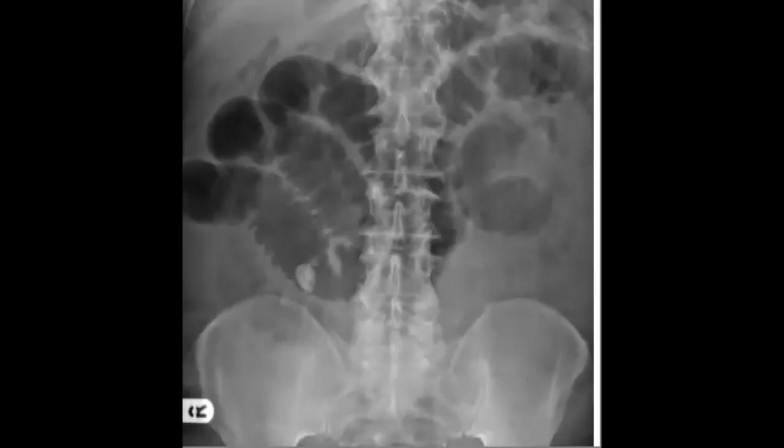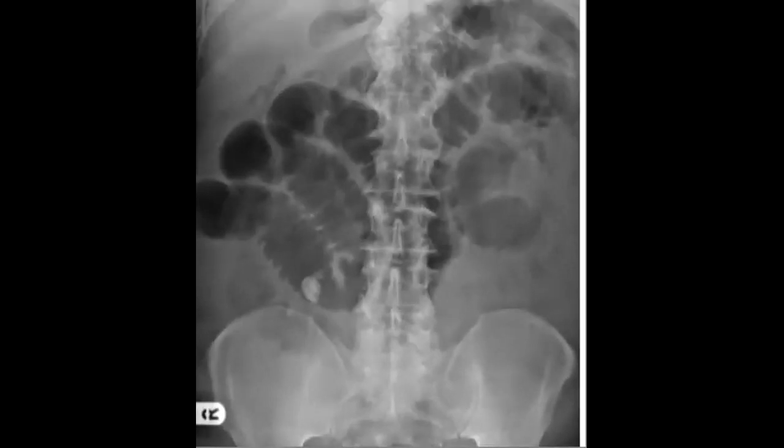Here, what takes your eye? First impression, what will you mention? There is small bowel dilatation, so small bowel obstruction, and there is calcification in the right side of the abdomen, so you will think that it can be gallstone ileus.